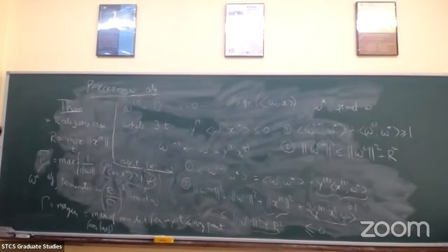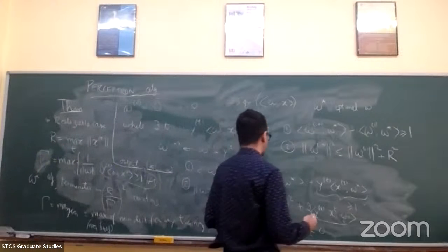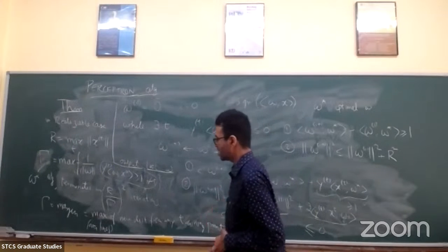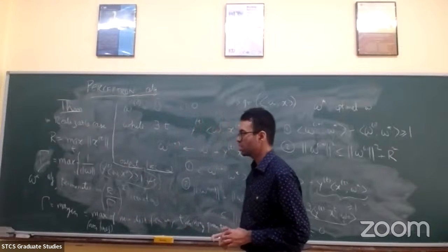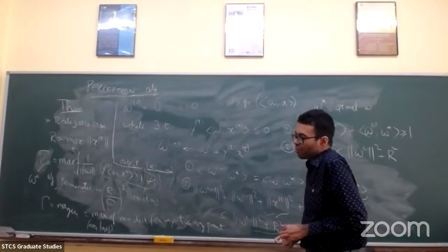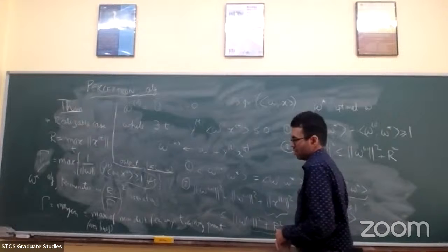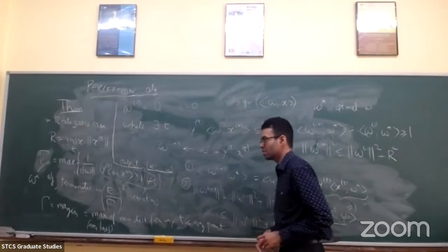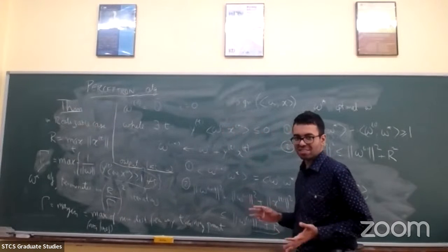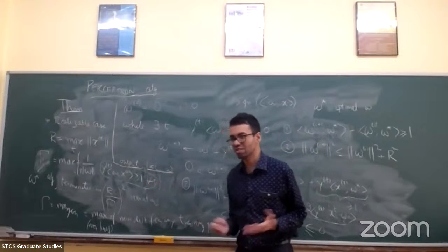So maybe a few more words. Remember, ultimately the number of iterations this takes is (R over gamma) square. You may think that if R over gamma square is very big, there are a lot of iterations. But typically in practice, this turns out to be not very big.